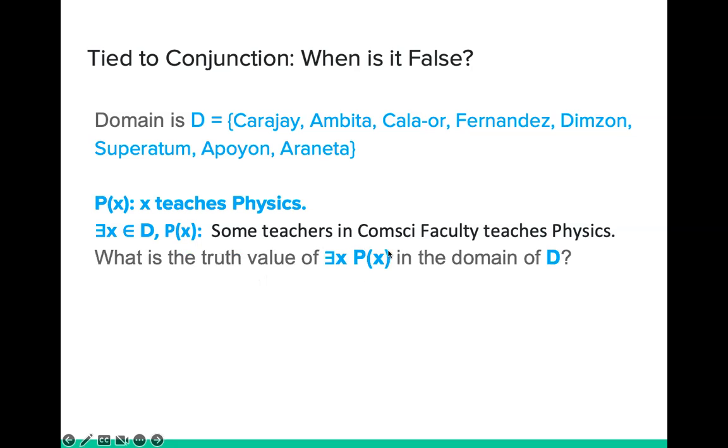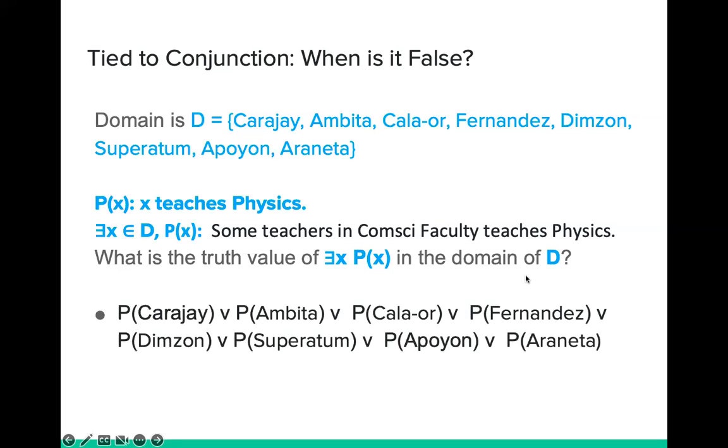What will be the truth value of this existential quantifier, given that x belongs to the list of computer science faculty?